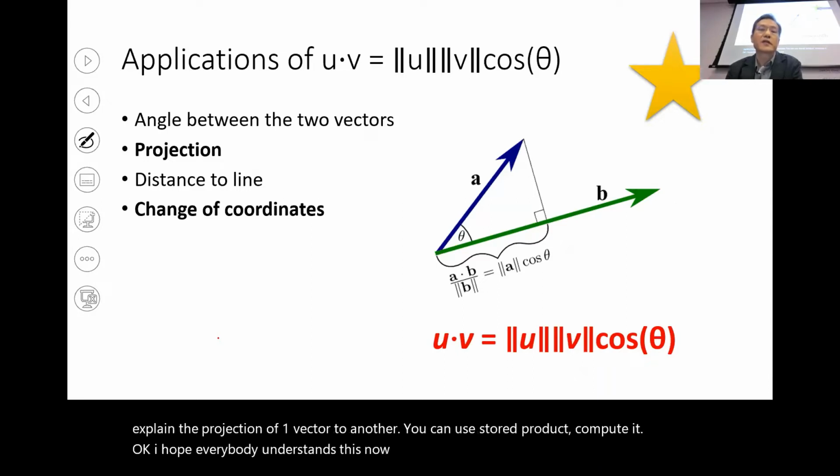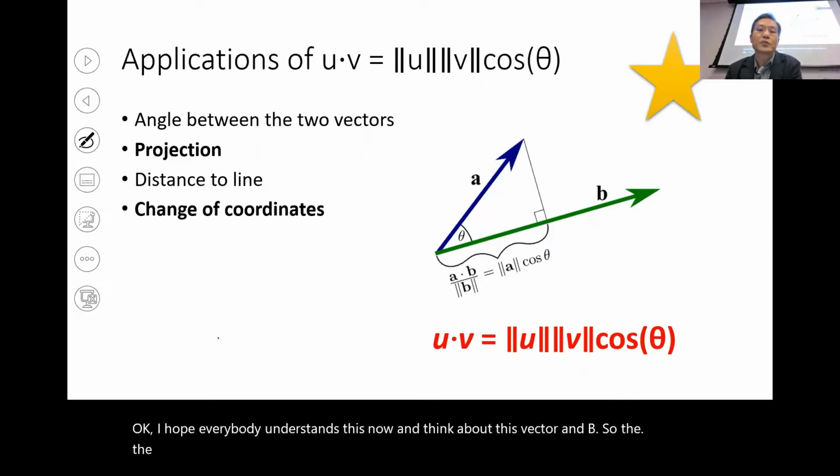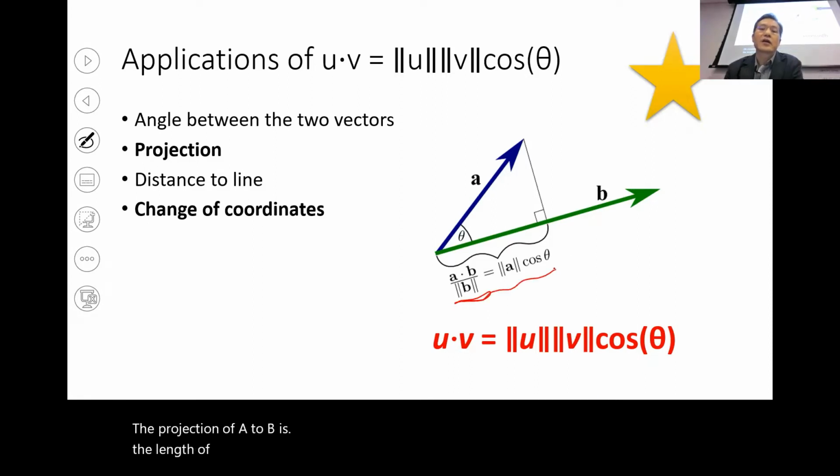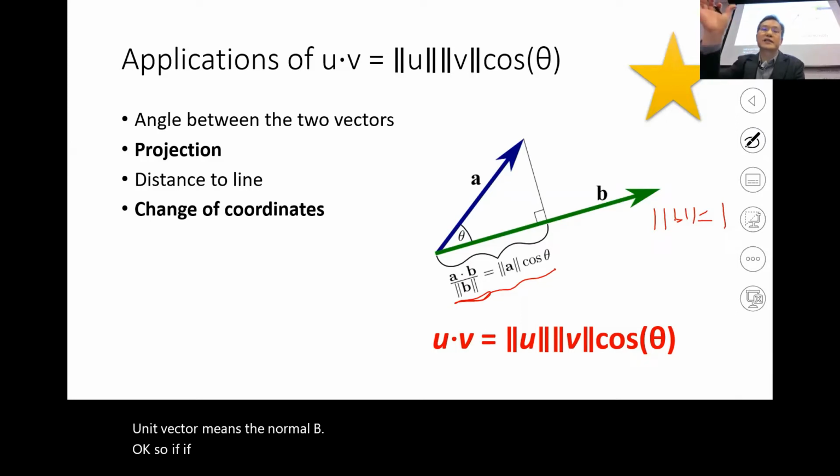And think about these vectors A and B. The projection of A onto B is the length of this here. If B is a unit vector, meaning the norm of B equals 1, then you don't have to write this.